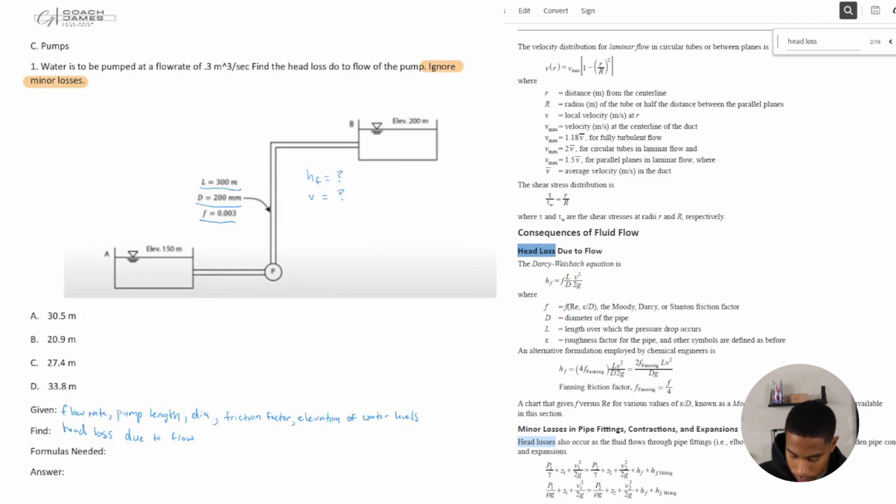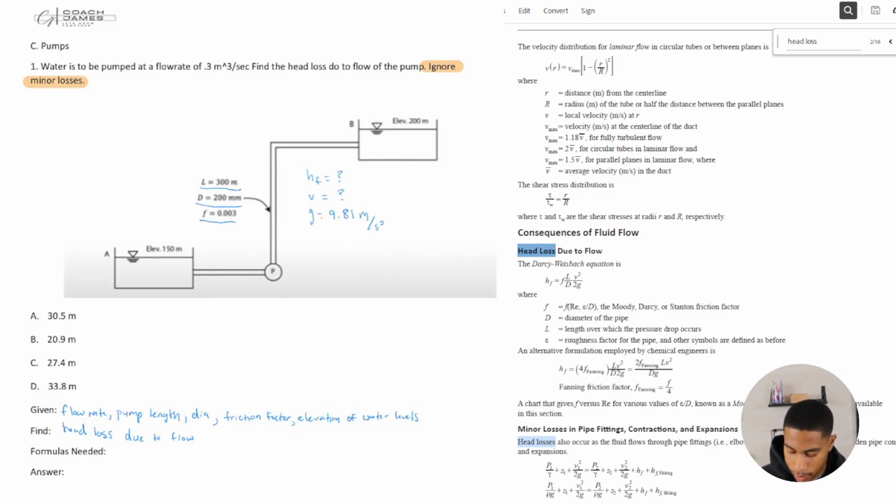We have G, which is equal to 9.81 meters per second squared. Okay, so the only thing we now need is V and HF. And the main thing that we're solving for is head loss, right?